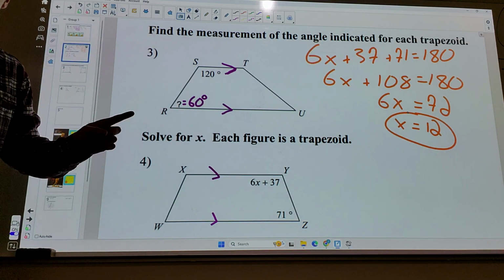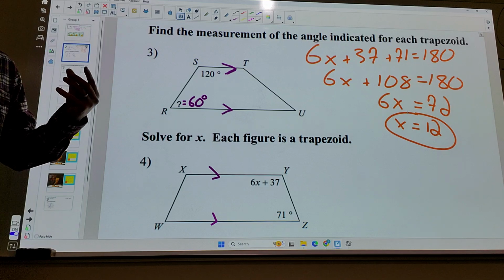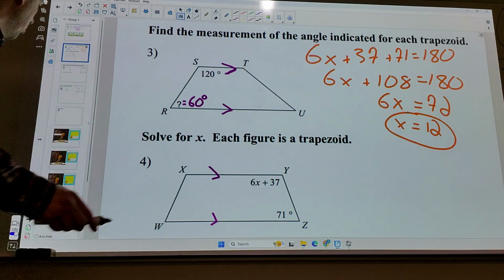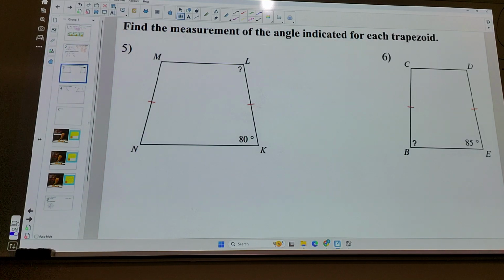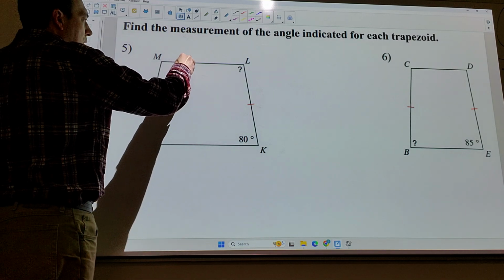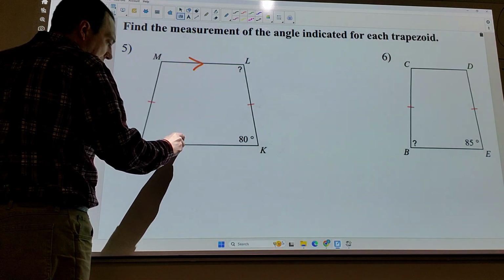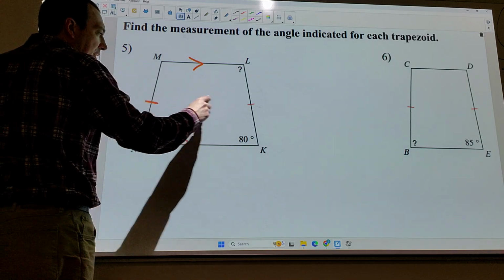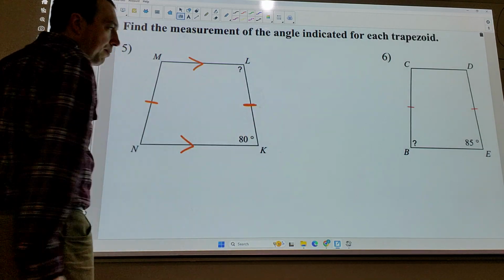Now, there is one special thing if we have an isosceles trapezoid. Here's an isosceles trapezoid. These two lines are parallel, and these two sides are the same length.